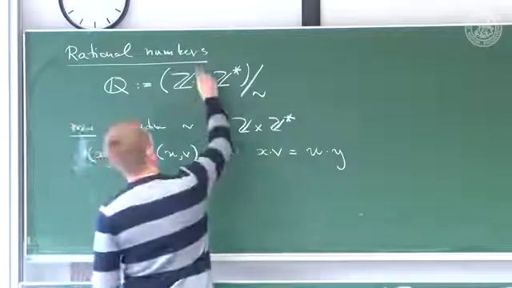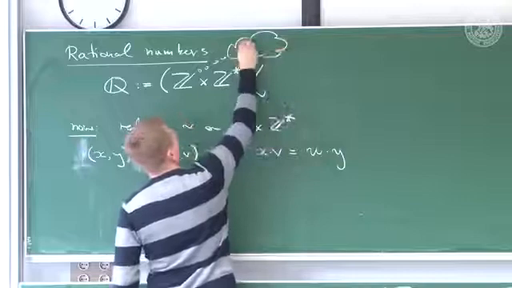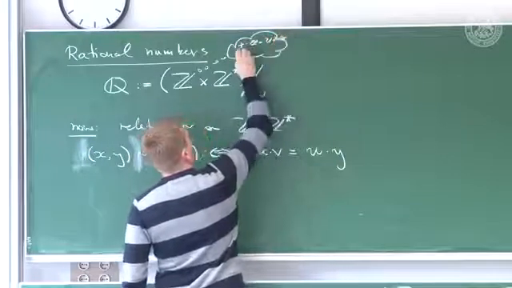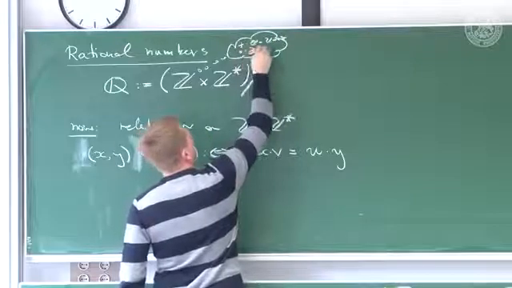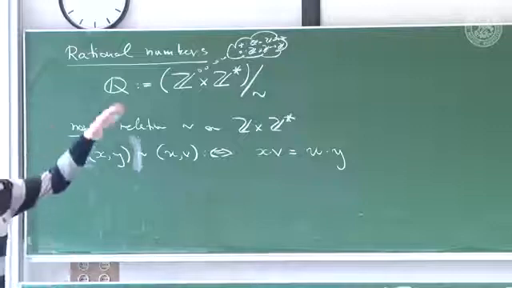So here we already think of Z as being equipped with both an addition and a multiplication. Okay? So assume we already constructed this.